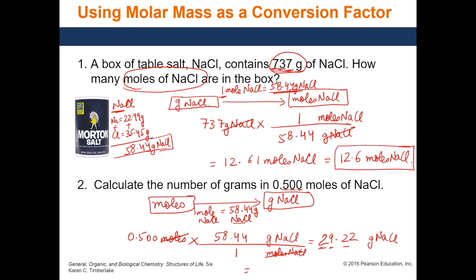So our final answer would be 29.2 grams of NaCl. So that is how you can go between moles and grams of an element or a substance. Similarly, you can introduce atoms here, and now you know the conversion factor between moles and atoms as well. So if needed, you can use that conversion factor as well.